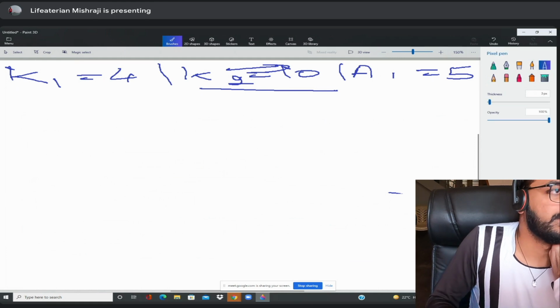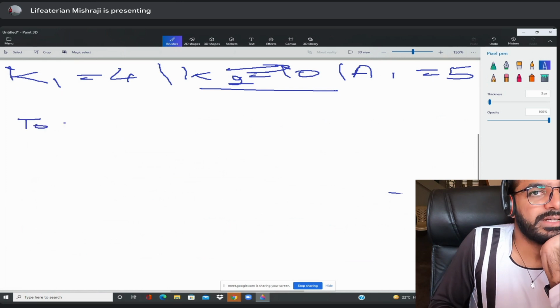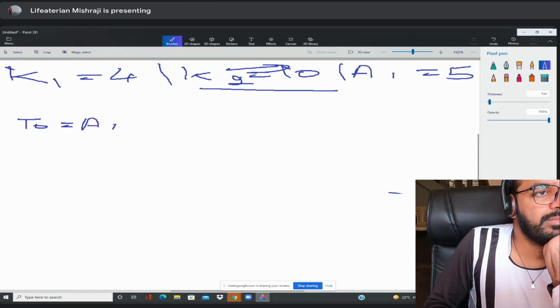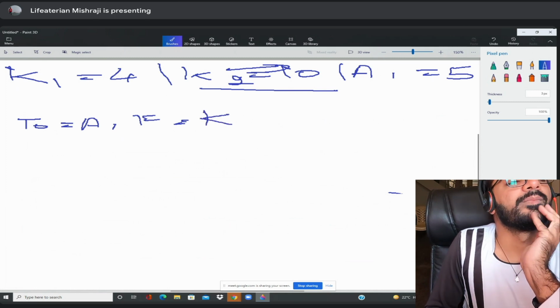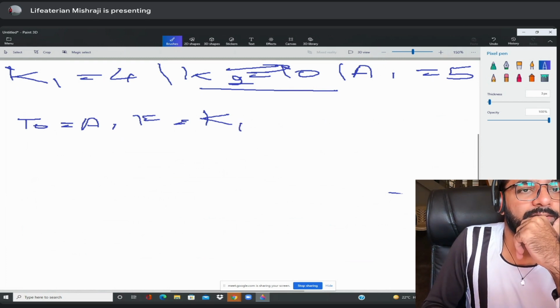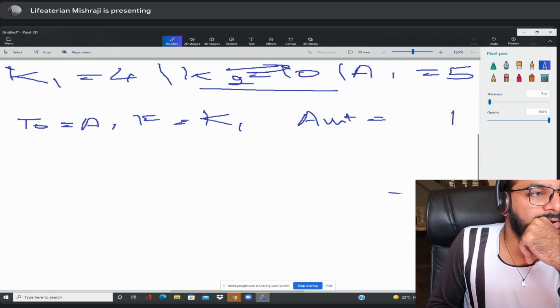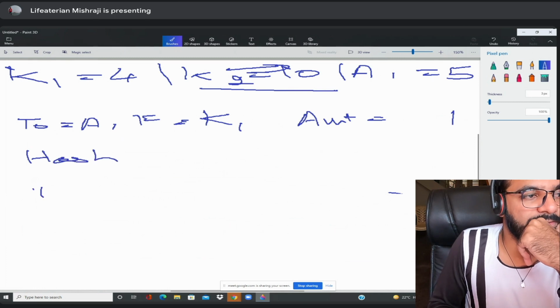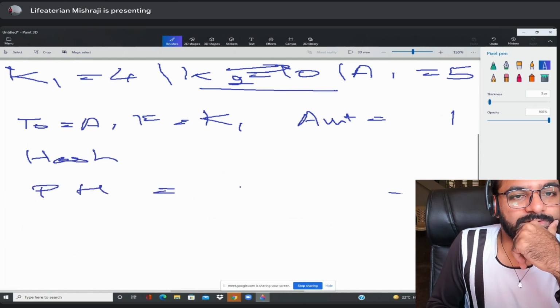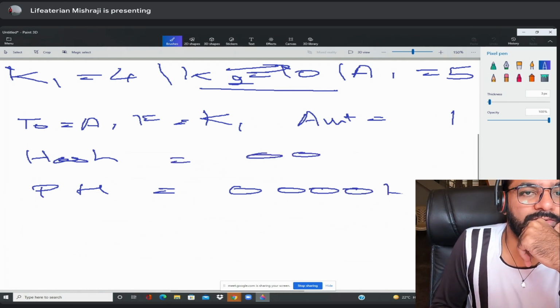So again it will say to Aishwarya, A1, from Karthik, K1, and the amount, again it will say 1 bitcoin. Now the next part will be again hash and previous hash. So the previous hash was 00001 and this hash would be 00002.